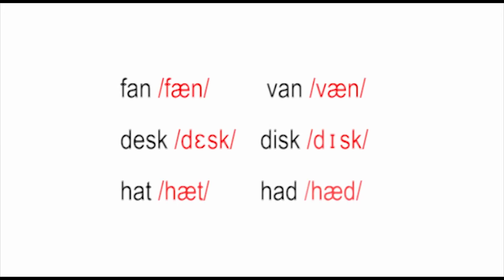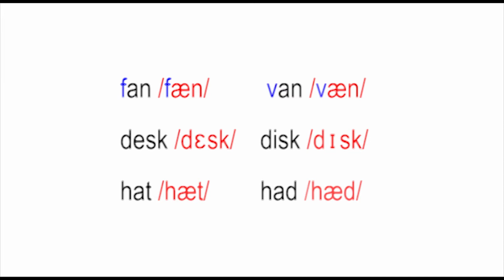Here we have three pairs of words, and we're going to find out the difference in each. Here we have fan and van. We can see that there is a difference in the first part of the words, the f sound in fan and the v sound in van.